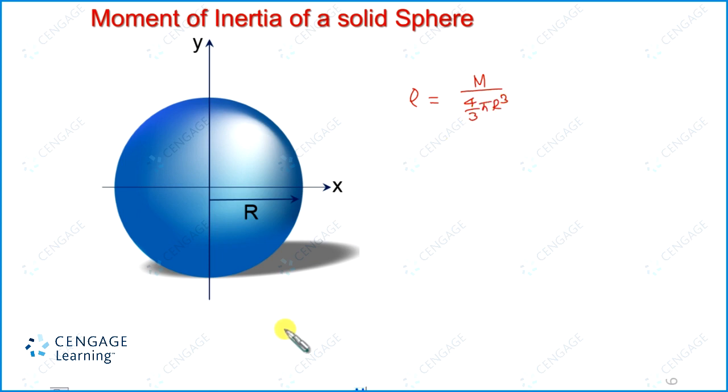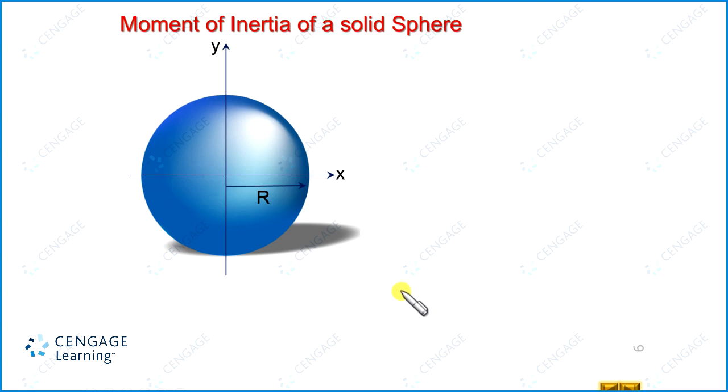We can consider this solid sphere is made of a number of elemental discs placed one above another, coaxial about the y-axis. So here we are going to consider one sample elemental disc, this one. The distance of this elemental disc from the x-axis, let us consider this distance as x, right? And the thickness of this should be equal to dx.